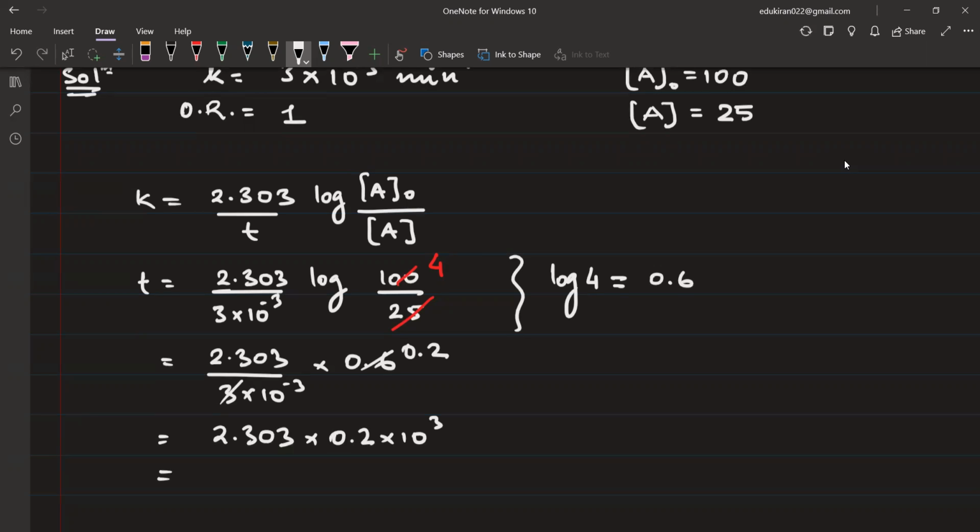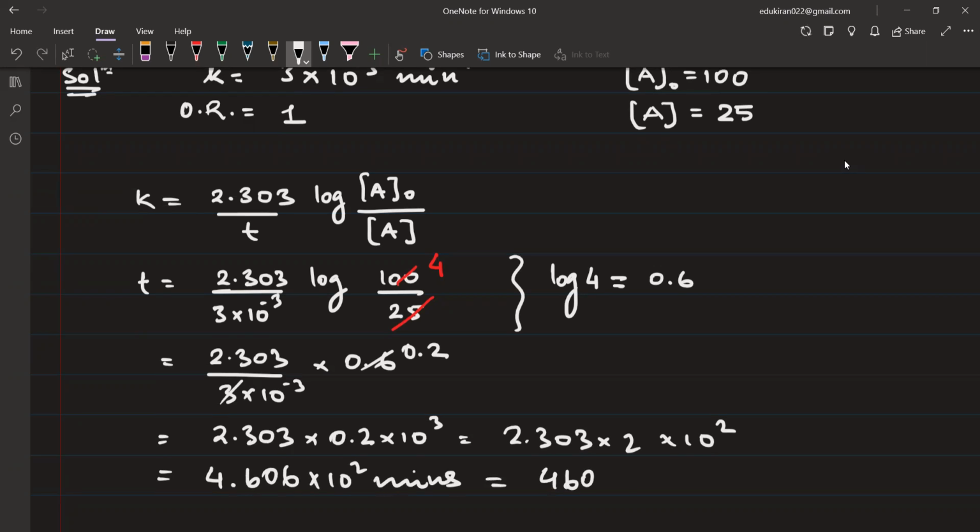Now you can write this as how much? This will be 4. ऐसे लिख देते हैं इसको ना, 2.303 into 2 into 10 to the power 2. This is 4606 into 10 to the power 2 minutes. यानी कि 460.6 minutes.